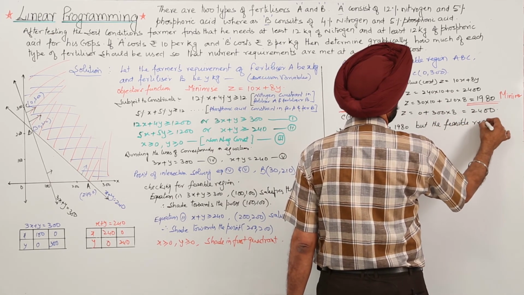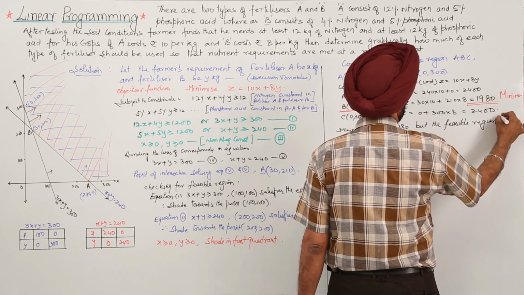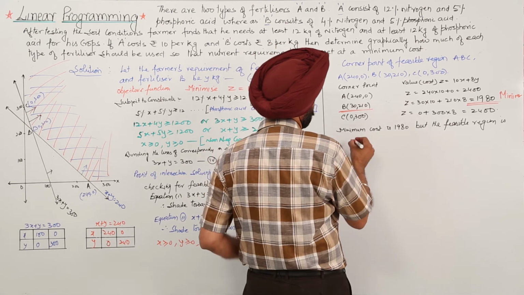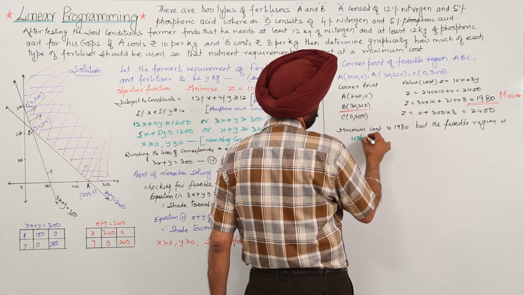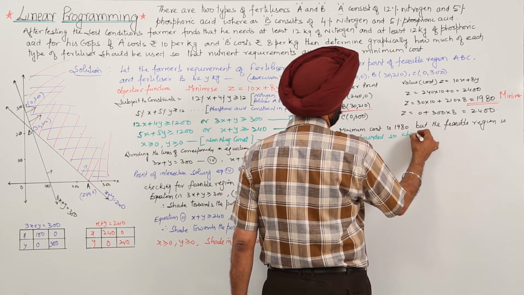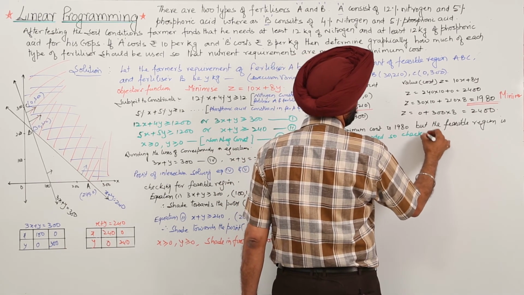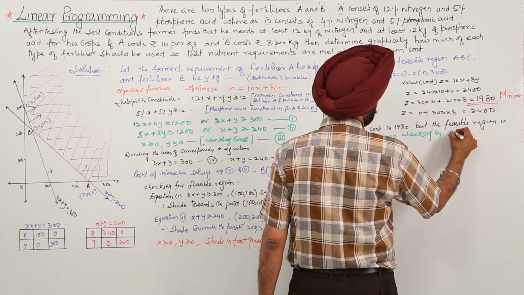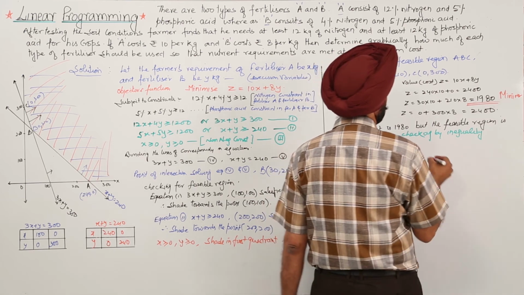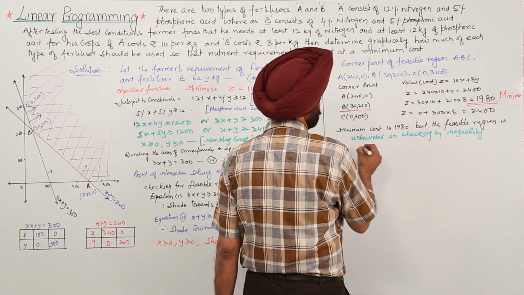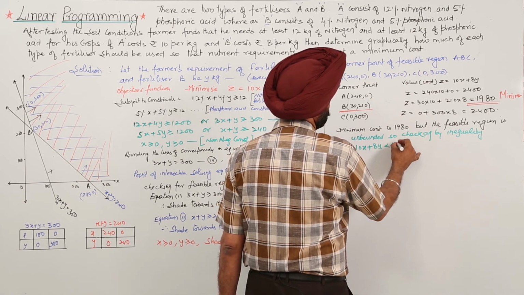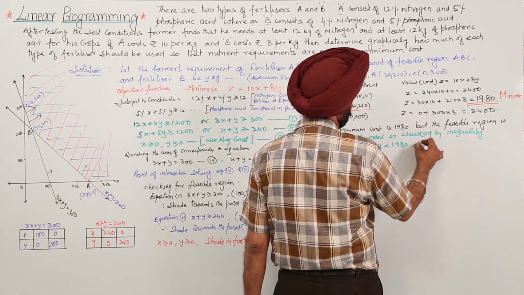But the feasible region is, now the feasible region is what? Unbounded. So checking by inequality, and the inequality is 10x plus 8y is less than 1980.